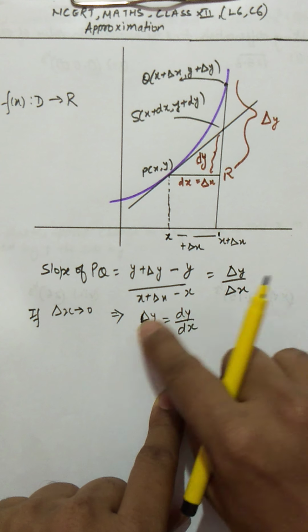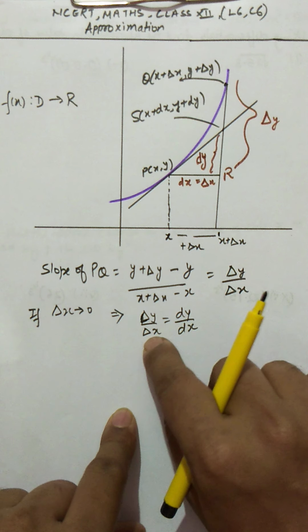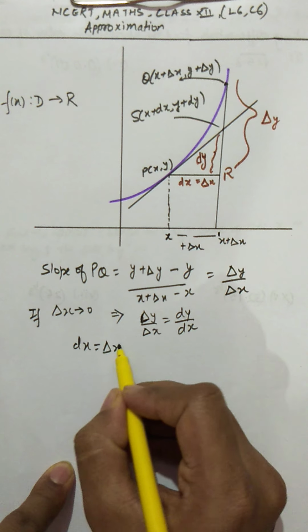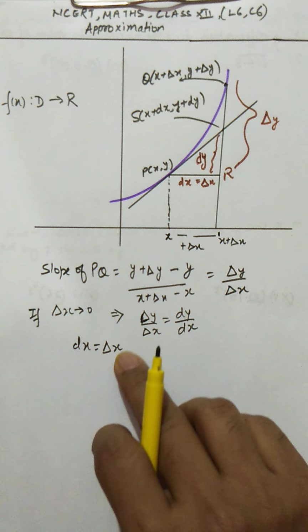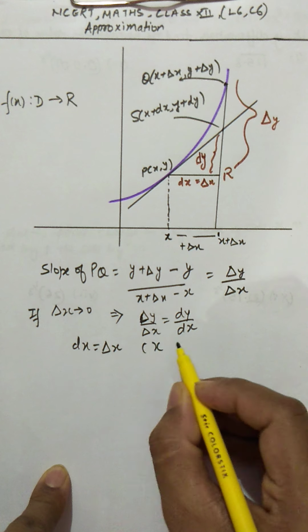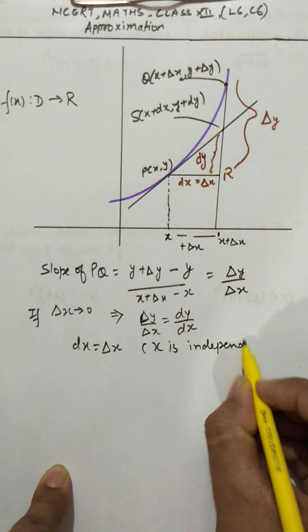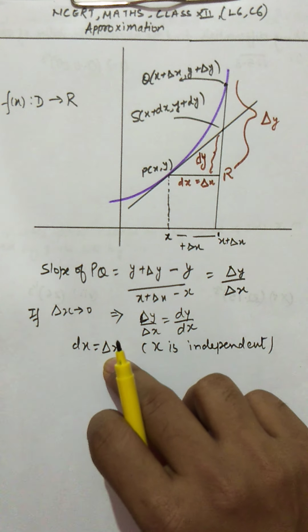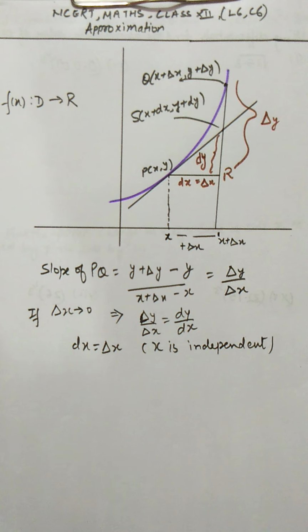Understand the difference: if I say dx equal to delta x, it means delta x and dx are the same, because x is an independent variable. So whatever change is in x, you can say that change as delta x, or you can say dx.